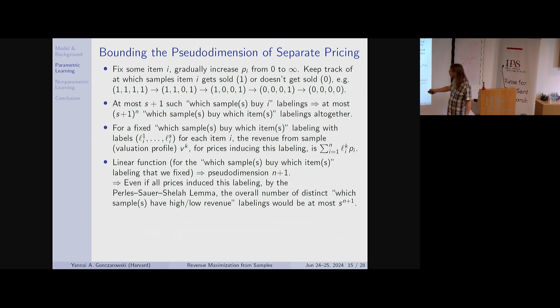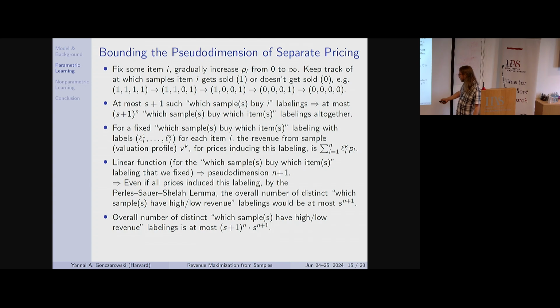So what we're saying is that even if all prices induce the same which-samples-by-which-items labeling, we would have at most S, the number of samples that we took, to the n plus 1 different high-low combinations possible for given thresholds. But we have many, many which-samples-by-which-items labelings.